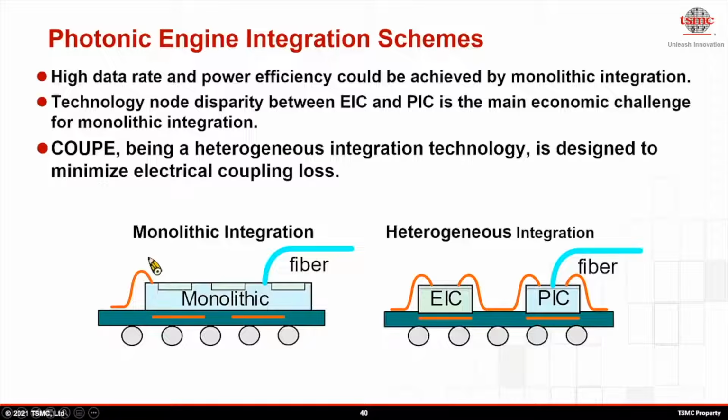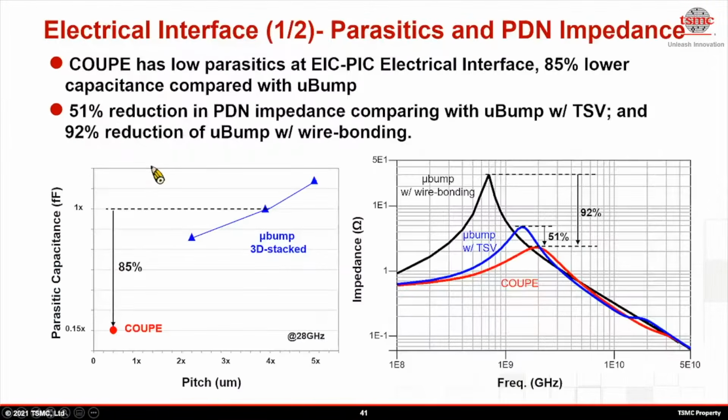COUPE is our solution proposed for the heterogeneous integration of EIC and PIC to enable close proximity to minimize electrical coupling and optic coupling loss. This slide compares two 3D stacking schemes, COUPE versus microbump stacked.